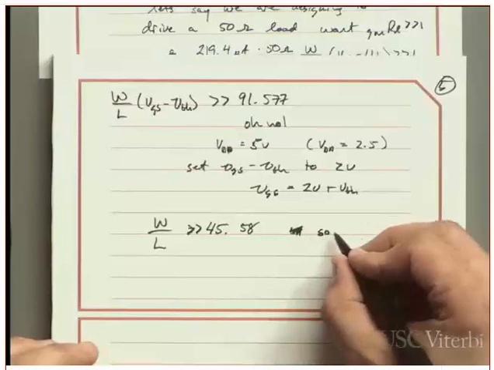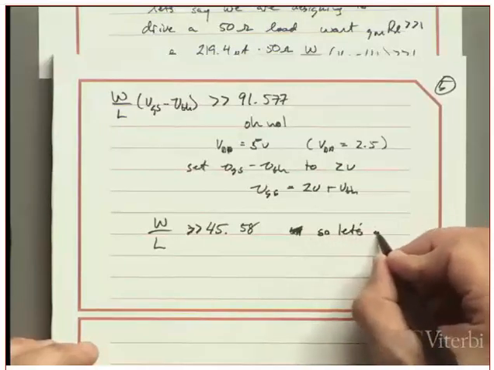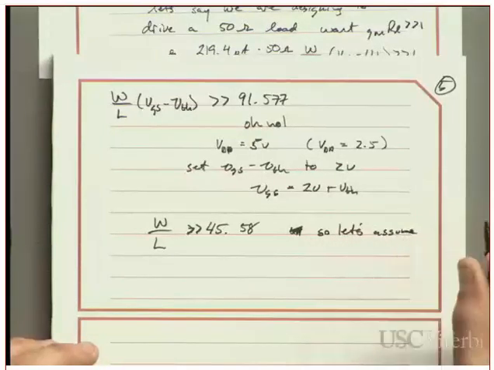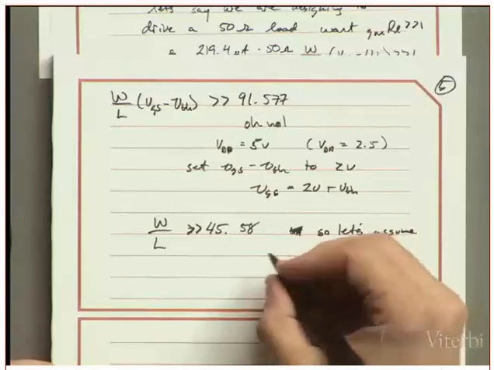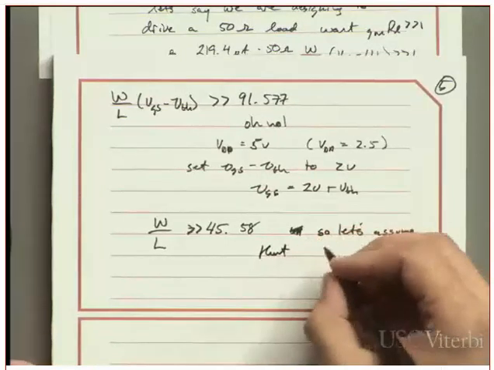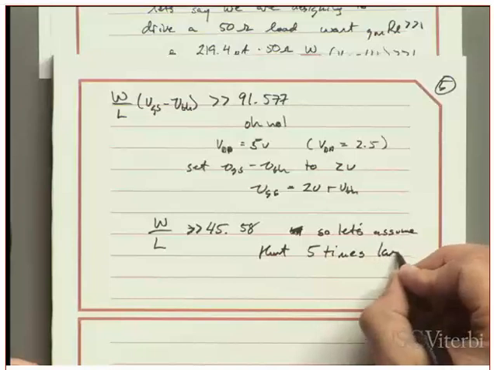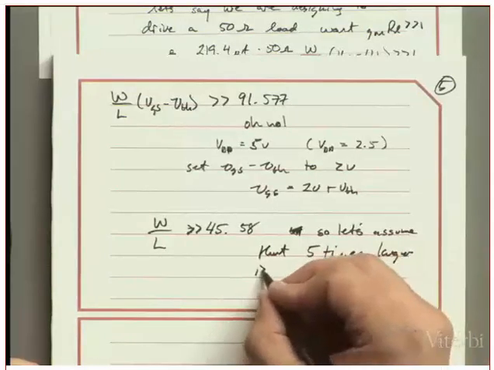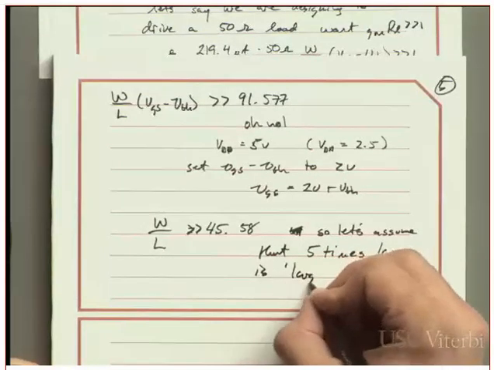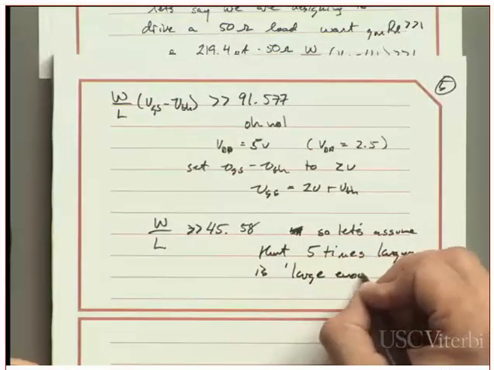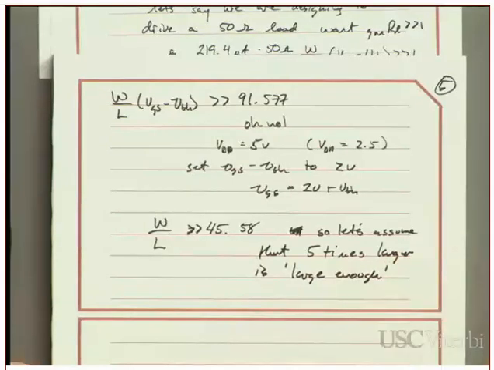So let's assume that 5 times larger is, quote, large enough. It may not be, right?